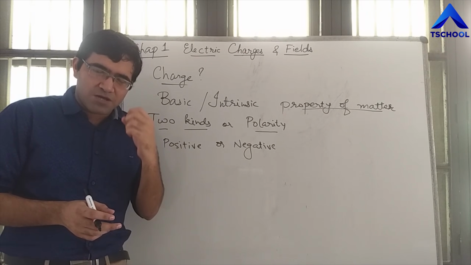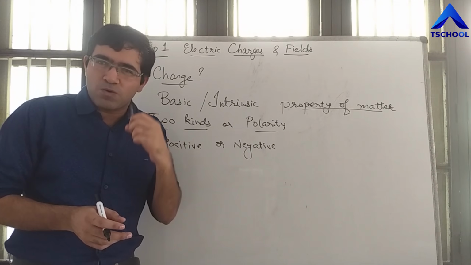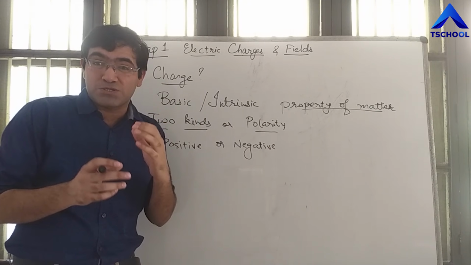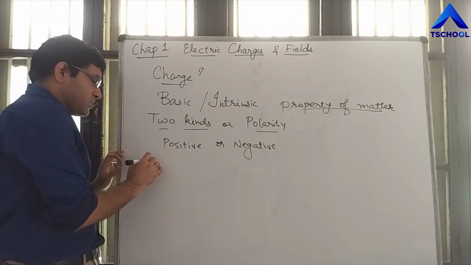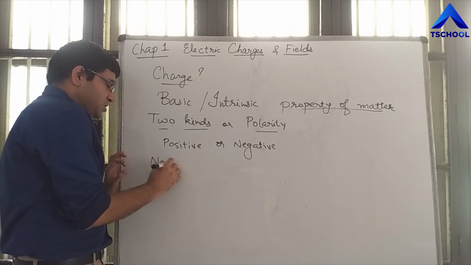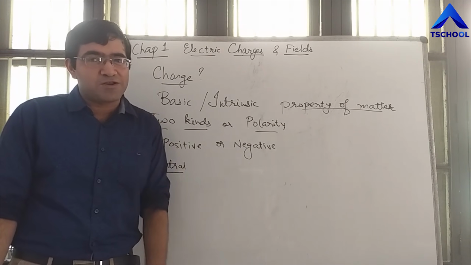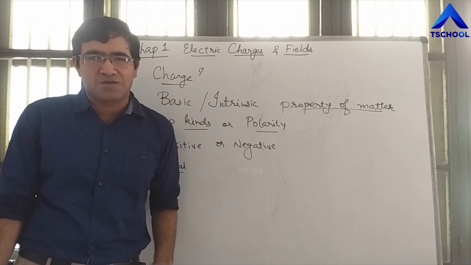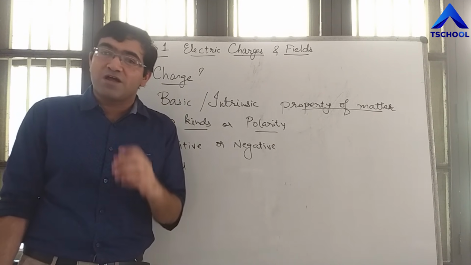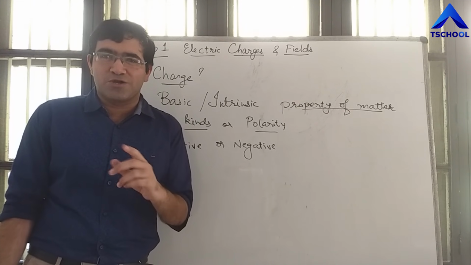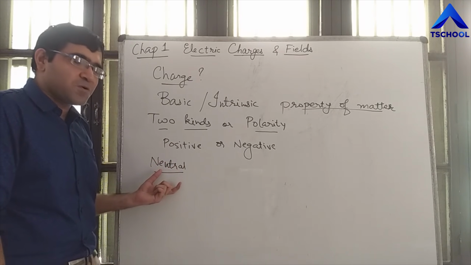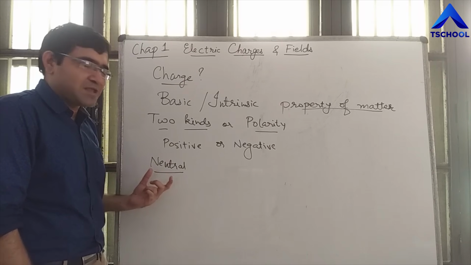Yes, there's something to remember about absence of charge. You may have heard the word neutral. You would have maybe read it in your chemistry books that proton is positive, electrons are negative, and neutrons are neutral. So when we say neutrons are neutral, what does that mean?